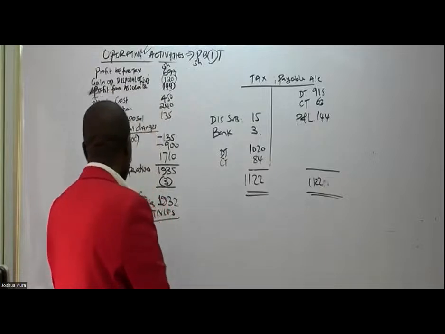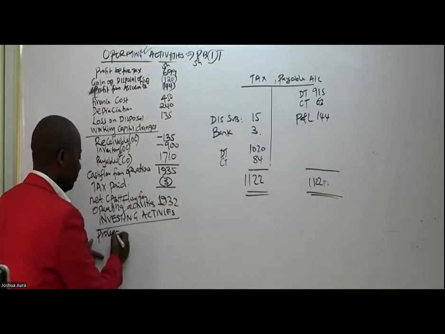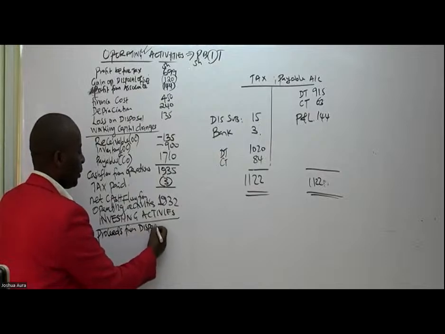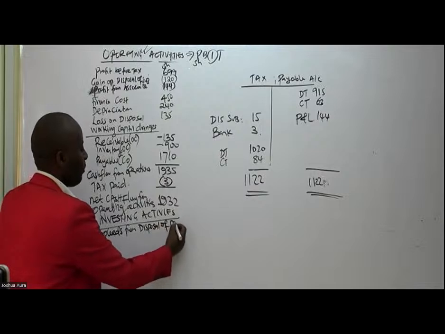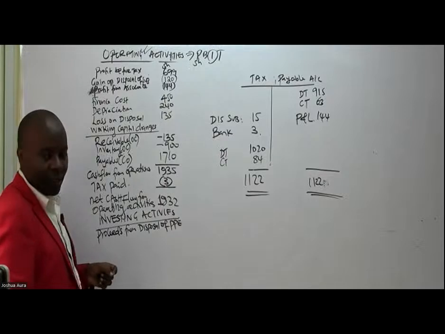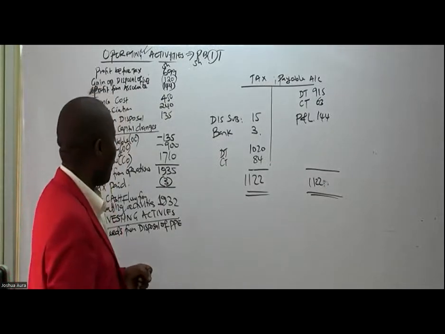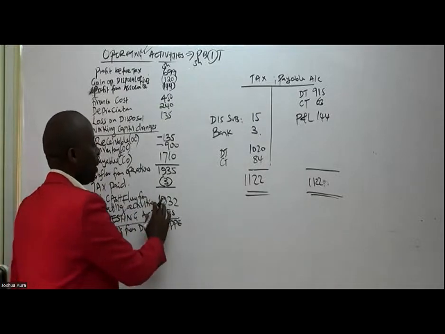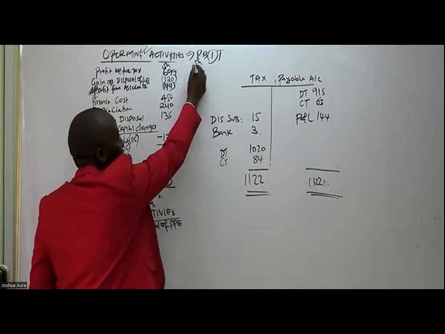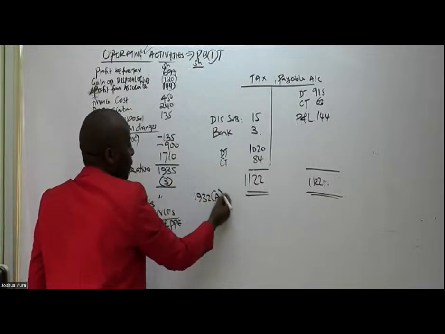So in this case here, we have proceeds from disposal of PPE, property, plant, and equipment. How much are we talking about? Sorry, this 1932 is a final figure. It's good you put it under this. I'll take this as my first component.